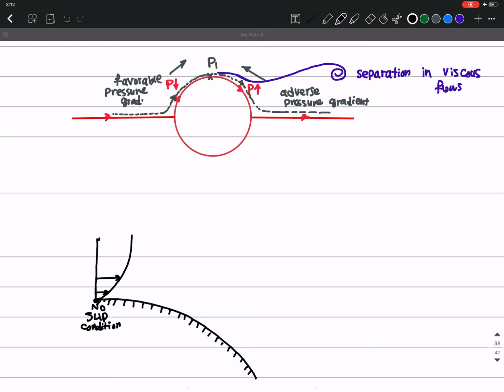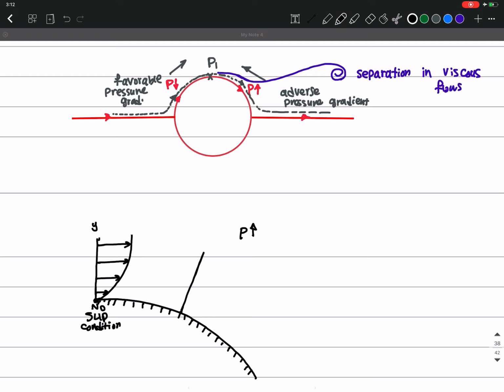And what happens is, so we have it here. As you see, the pressure is increasing. So let me show it like this, this is Y. Let's say here. So the pressure increases.